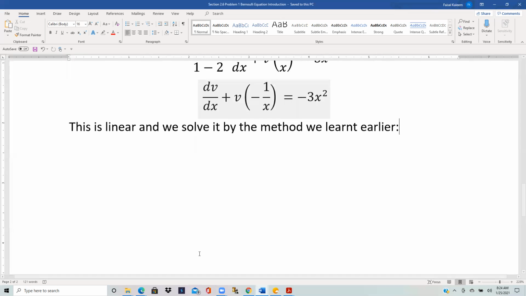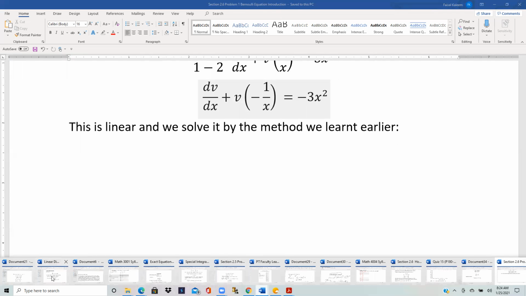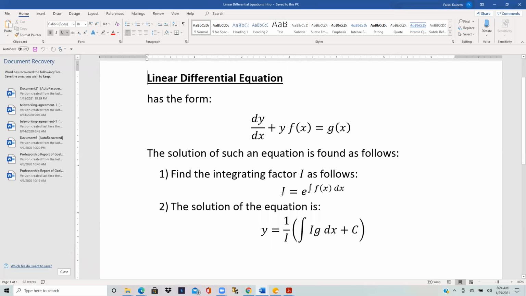Then, let me just show you the way to solve the linear equation. You first find the integrating factor. The integrating factor is e power the integral of this function that comes with the y.